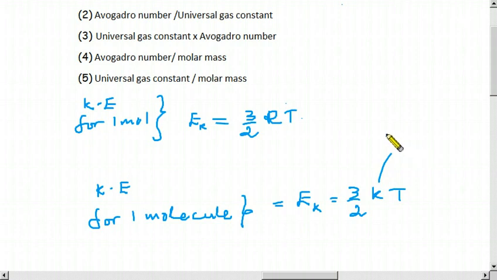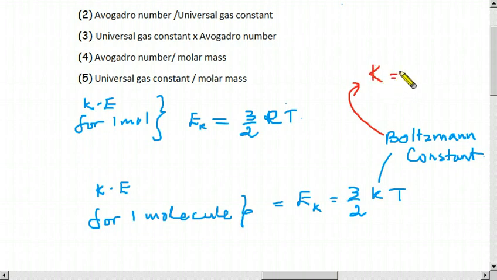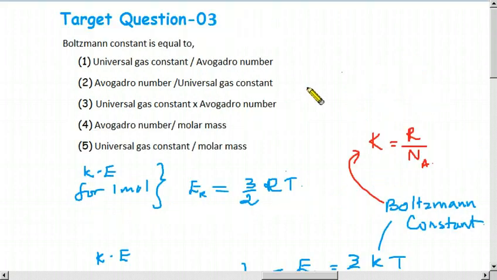Here k is the Boltzmann constant. What is the Boltzmann constant? It is R, the universal gas constant, divided by the Avogadro number. So this one is the answer, the first one.